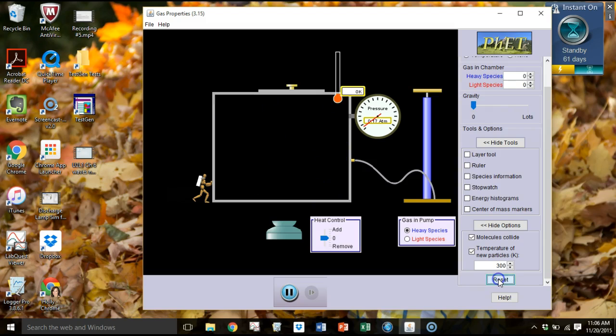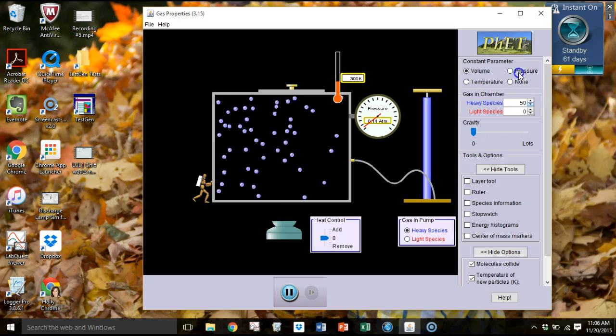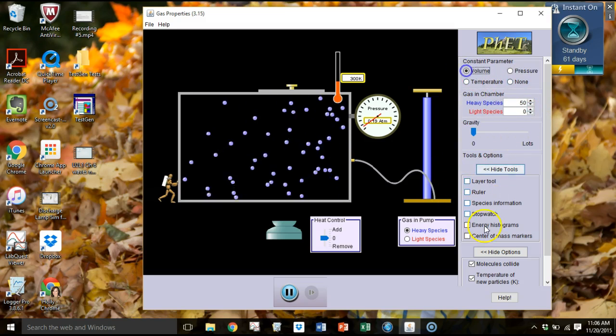So I'm going to hit reset and we'll keep volume constant temporarily until we get the particles in. And now we'll keep the pressure constant. Oops, hold on.